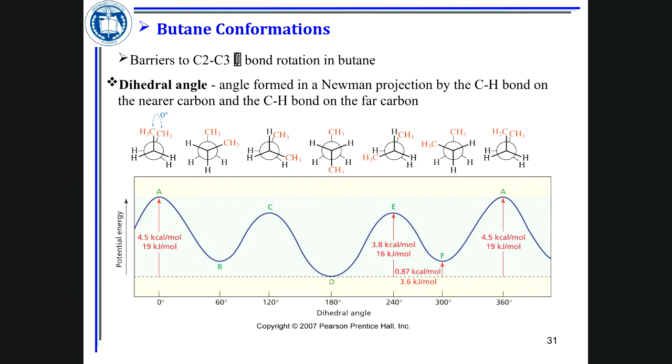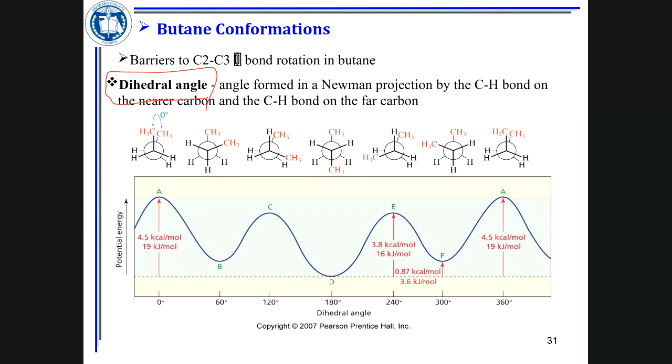So this dihedral angle is the angle between the methyl group attached to carbon 2 and the methyl group attached to carbon 3.